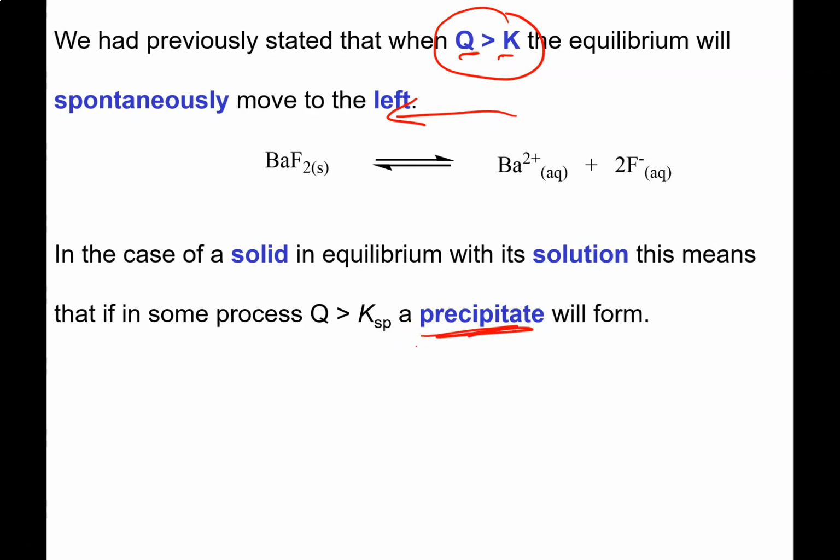So if we do something to our equilibrium system to make it such that Q is bigger than Ksp, then we're going to form a solid. And that's going to cause the concentration of our ions to decrease. And that can be useful, or sometimes it can be annoying that that's happening. So that's what we're going to look at in the next little example problem.